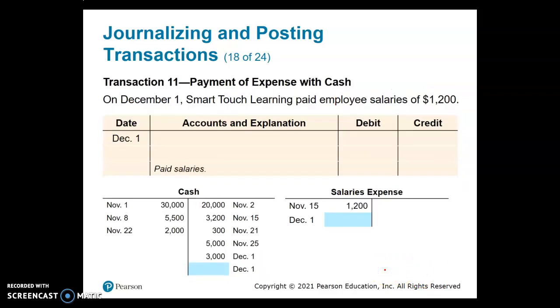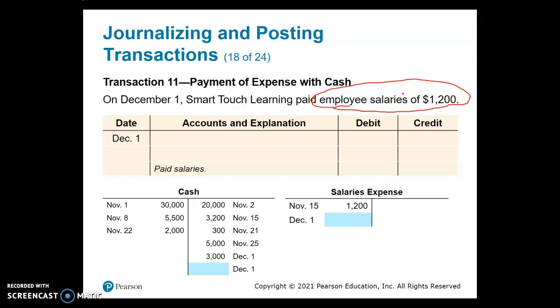All right, next. Transaction number 11, payment of expense with cash on December 1st. Smart Touch Learning paid employee salary of $1,200. So remember your steps. This series of videos had to do with establishing the steps of recording a journal entry.